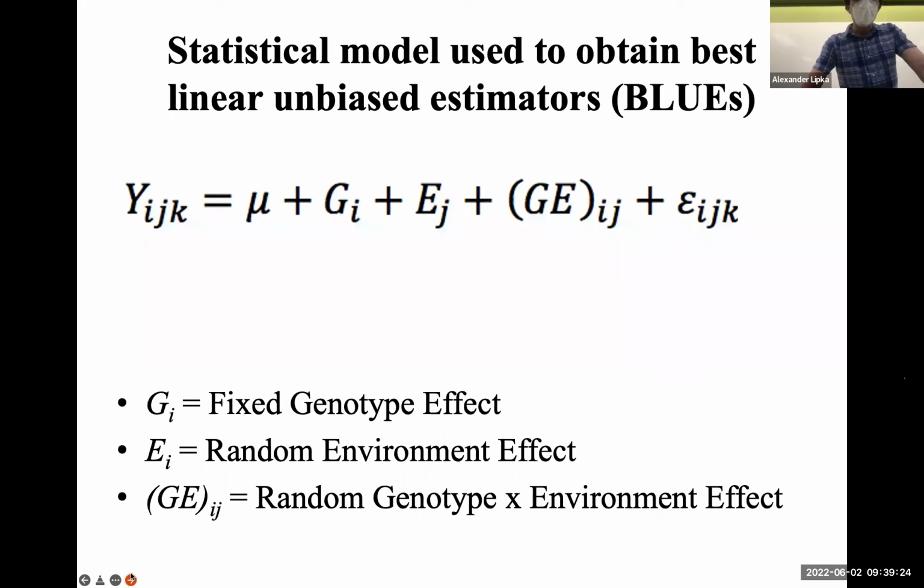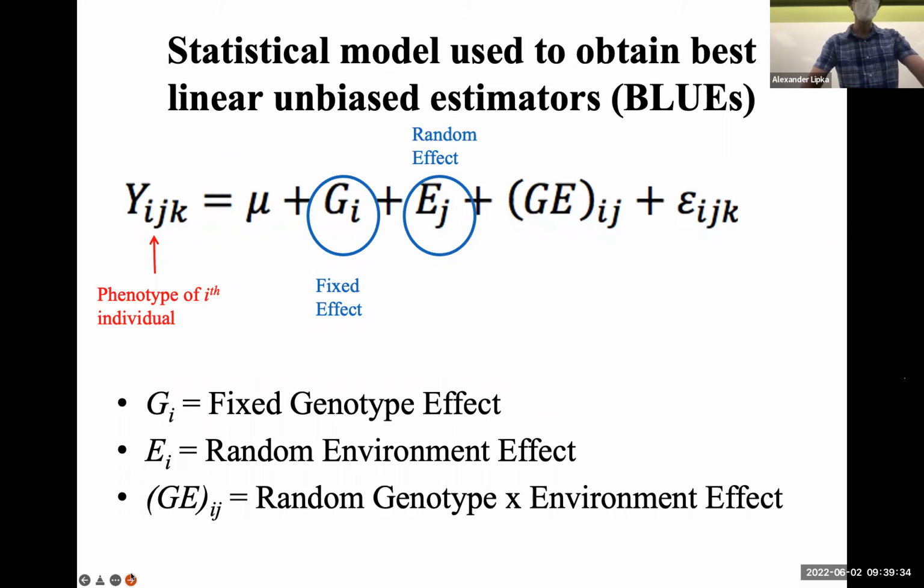Another widely used model is a slight variation of what we've seen previously. The difference here is that our genotype is a fixed effect. And then the convention in the field is to have our environment as a random effect, and our G by E term is a random effect.